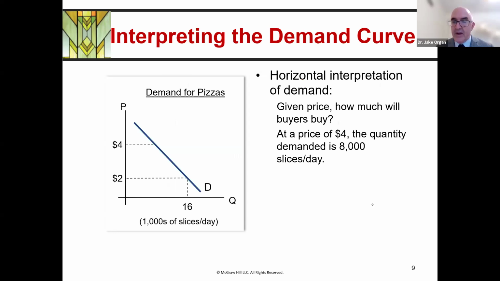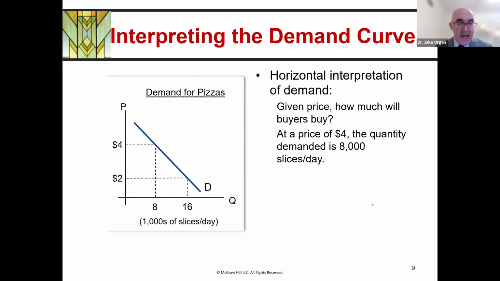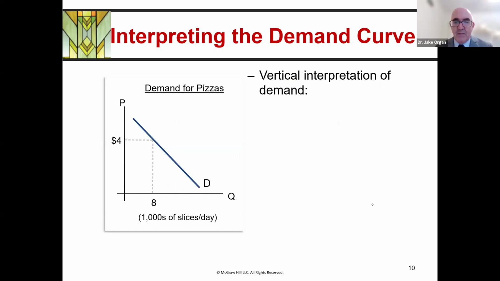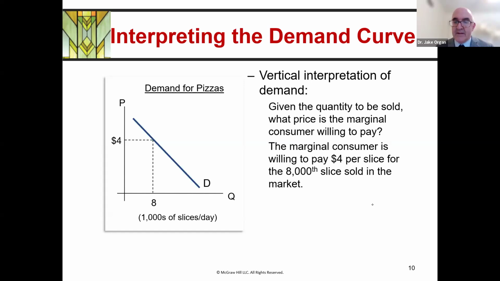At a price of $4, the quantity demanded is 8,000 slices a day. Now we can think about it in that way. That's called the horizontal, because we're thinking about it in terms of price. But what do you think the vertical thing would be about? Given the quantity to be sold, what price is the marginal consumer willing to pay?